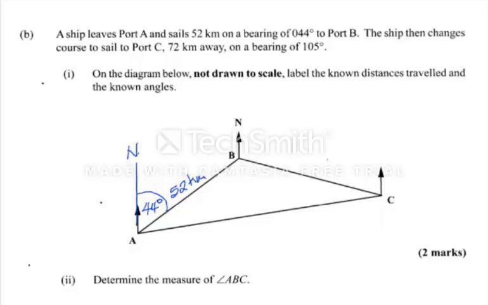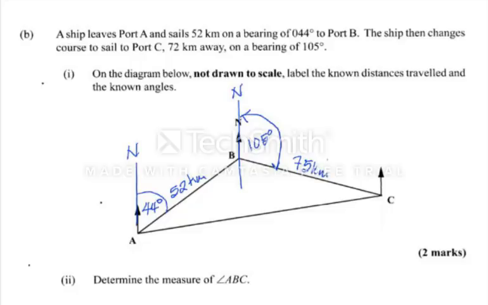Now at B, the ship then changes course to sail to C, which is 72 kilometers away on a bearing of 105 degrees. So at B, it then changes direction, and the bearing now is 105 degrees, in order to sail to C, which is 75 kilometers away.